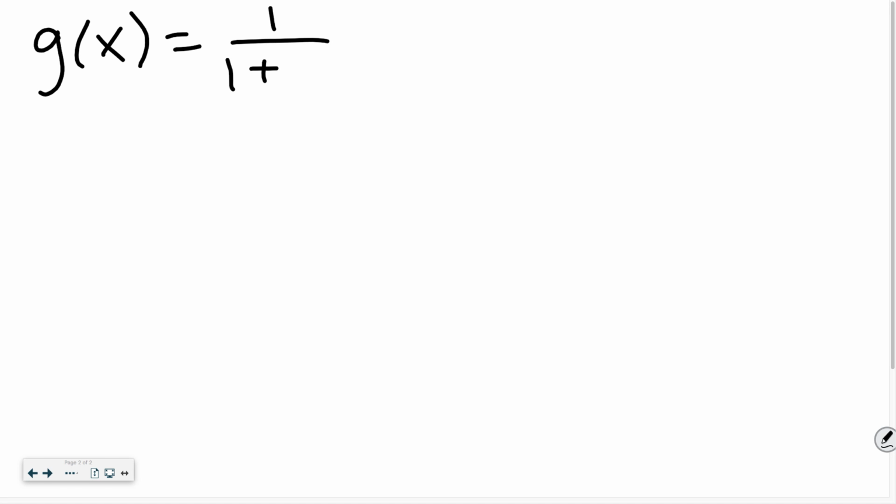Okay, so what if I gave you 1 over 1 plus x cubed? Could we write it so that it looked geometric?